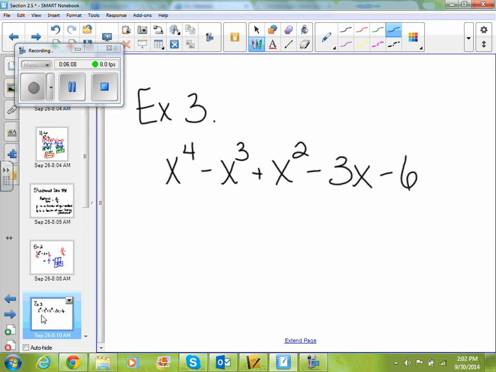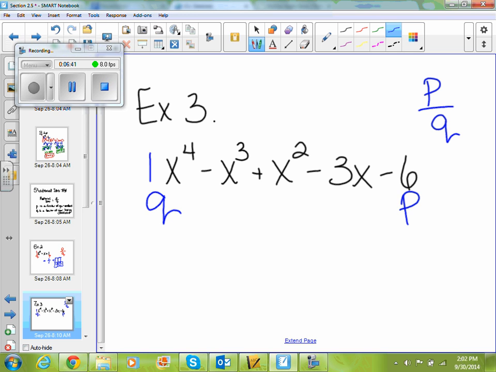Okay, so we do the same thing for example 3. I have x to the 4th minus x cubed plus x squared minus 3x minus 6. And I need to figure out if I have rational zeros. Okay, so I know I'm going to take p over q, where p is going to be my last term. q is going to be the coefficient of my first term.